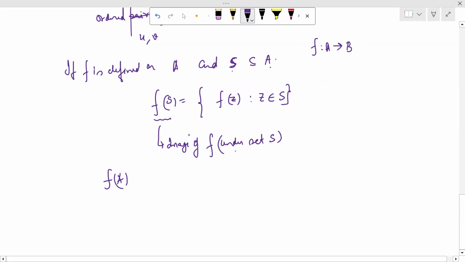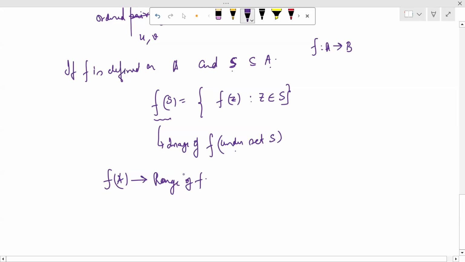If I take all the values under A and find the image of all these values, this is called the range of f. All these things you know from your standard 12th also, but still just telling you. Okay, is that fine?